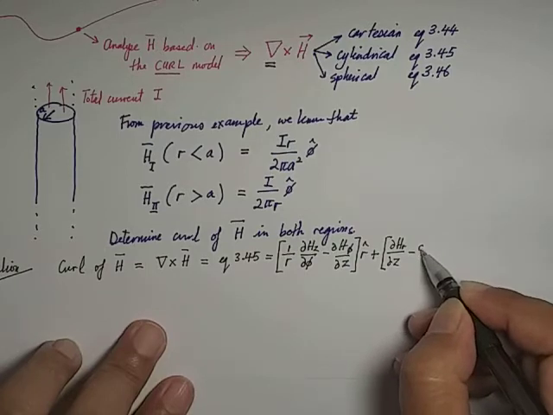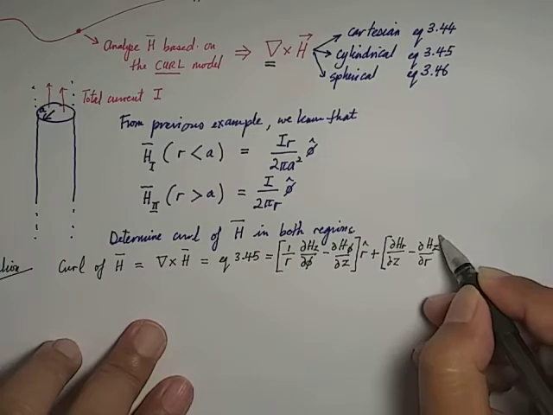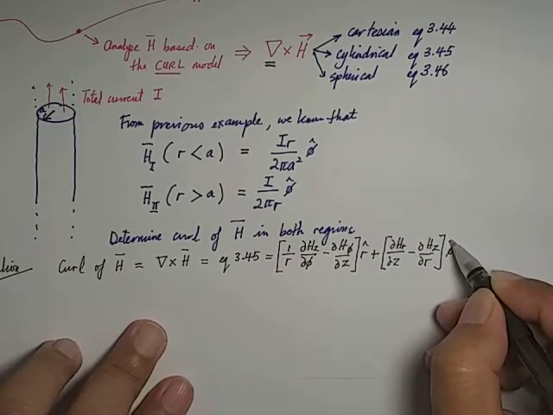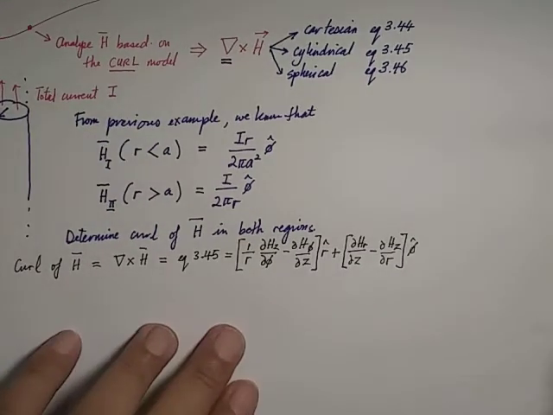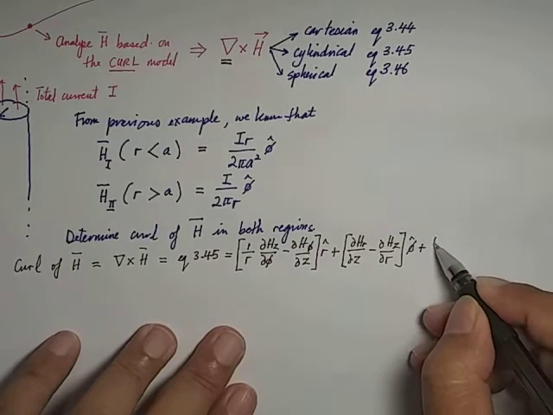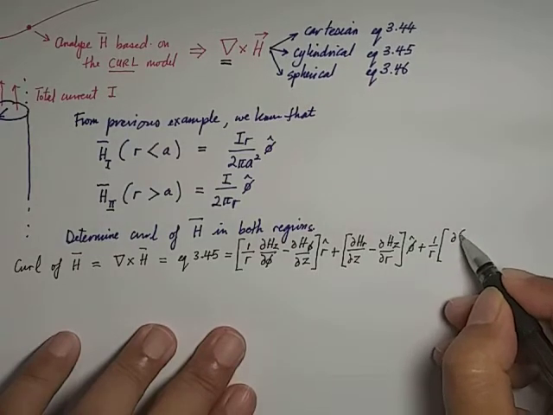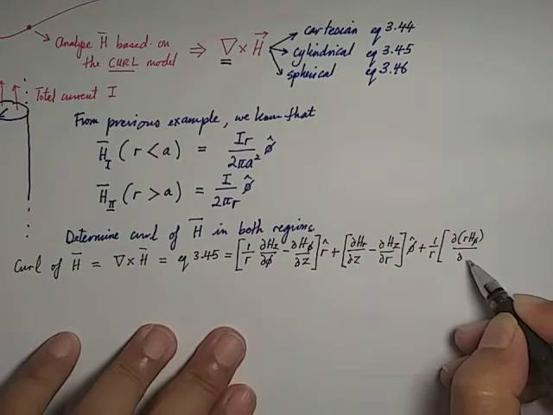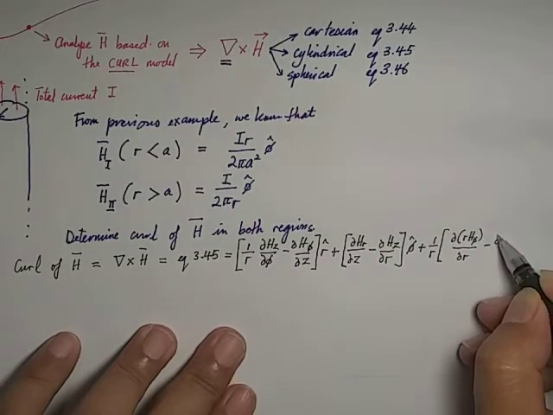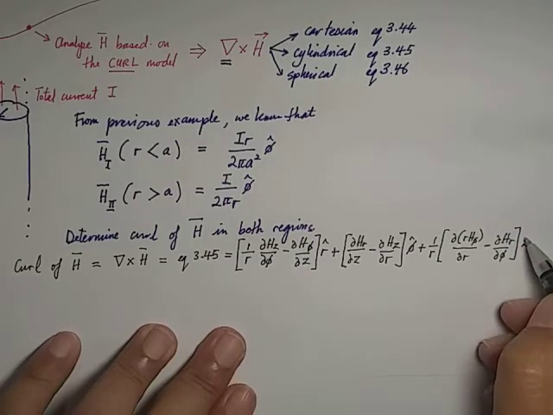Okay, minus dHz over dr in the phi direction. Okay, and finally we're going to have plus 1 over r, open bracket, d r H phi over dr minus dHr over d phi, in the z direction.